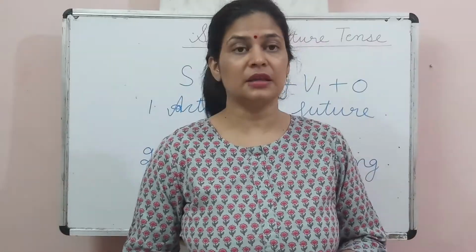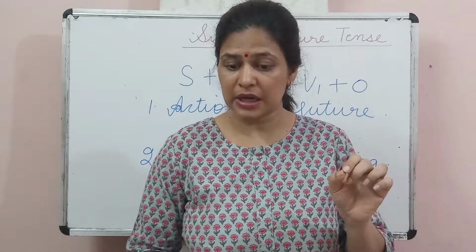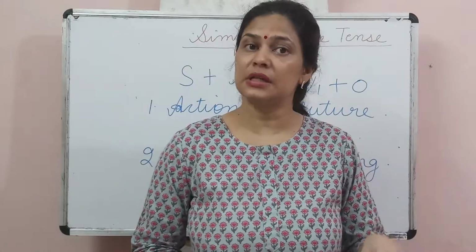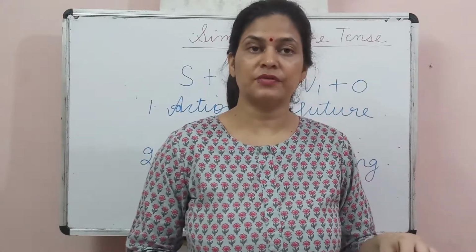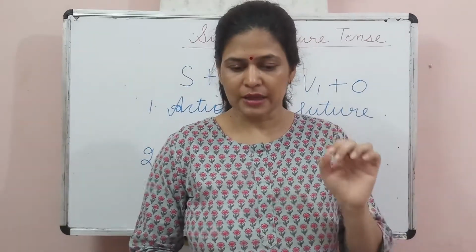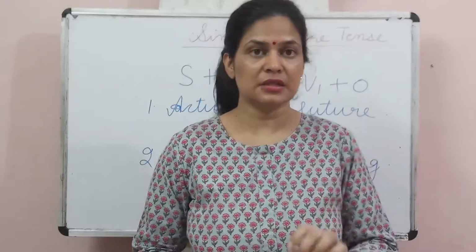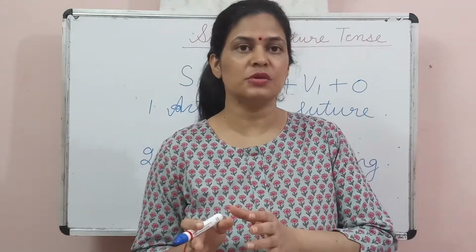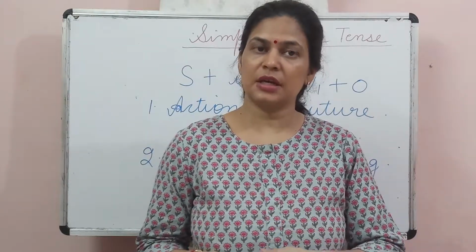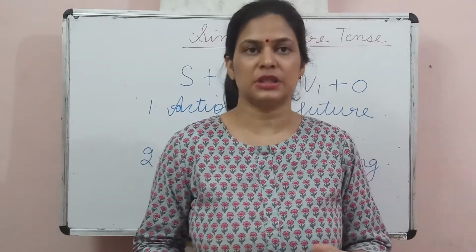See the sentence: I think it will rain this afternoon. It is still not the time of afternoon and you have just made a prediction. So this afternoon shows this time has not come. You are just predicting, and so it is simple future tense.